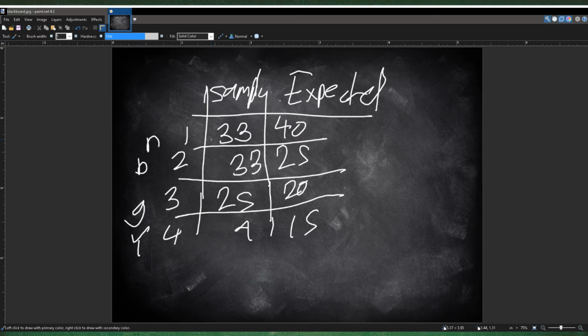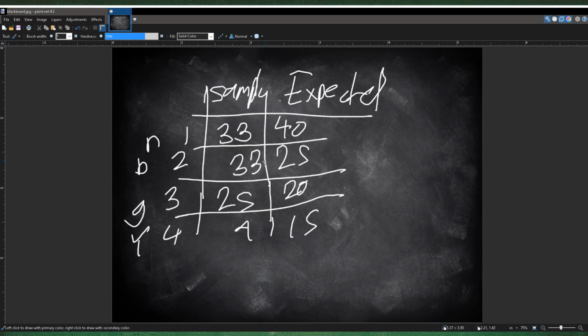Your degrees of freedom is 3 because you have red, blue, green, and yellow, which is 4. So 4 minus 1 is 3. And then you can just leave whatever your first result column is. It's usually some other column other than A and B, which is fine. And then press OK.